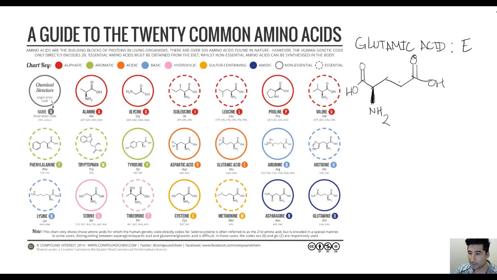Alright, so here's glutamic acid, and look at the way that I drew it. I drew it completely neutral, and just so you know, this is the right way to draw glutamic acid. You can draw it like this. You can also draw it using the Lewis structure formula, which I really don't like.